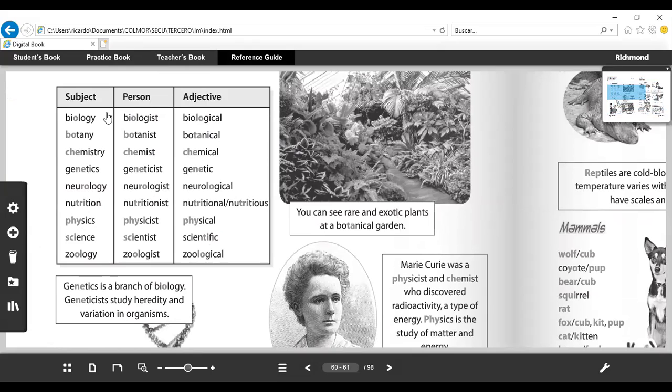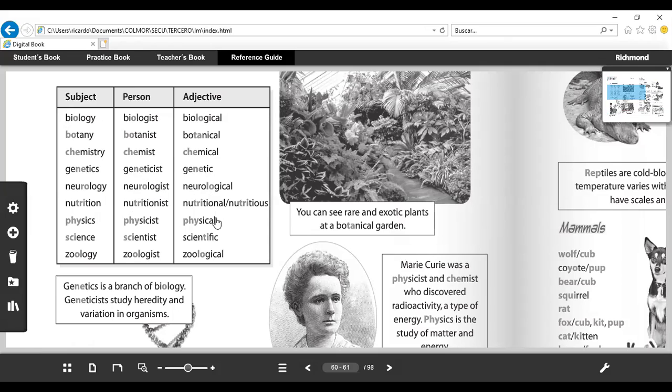And it says biology, biologist, biological, okay? Botany, botanist, botanical. Chemistry, chemist, chemical. Genetics, geneticist, genetic. Neurology, neurologist, neurological.